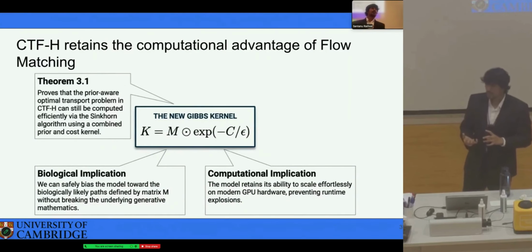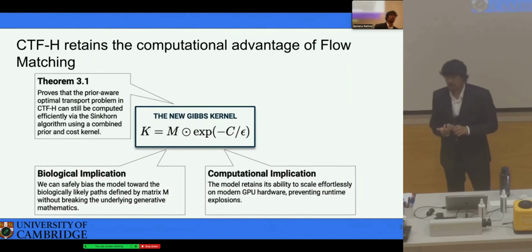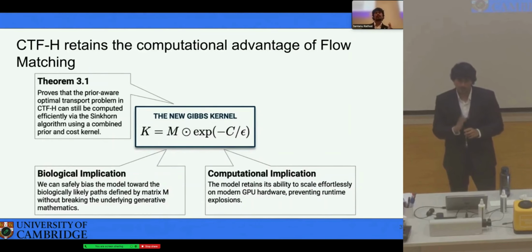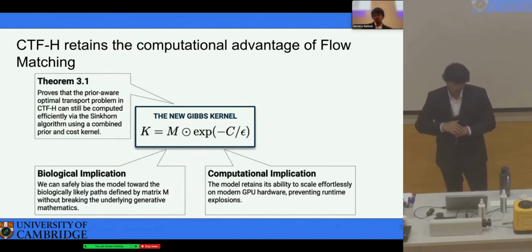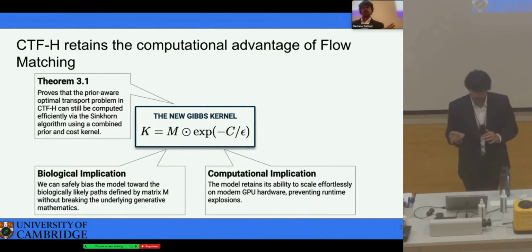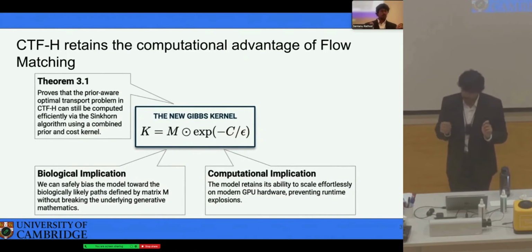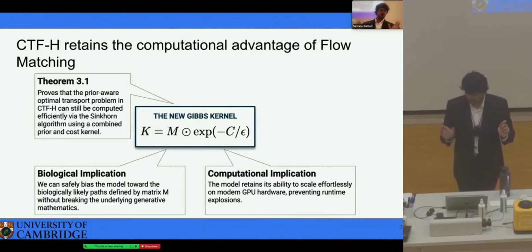And this Gibbs kernel is the entity that's used in Sinkhorn iterations. So all you do in this second formulation is get a new Gibbs kernel that is biased based on the transition plausibility matrix over here. And you can then just use your previous Sinkhorn iteration pipeline to get the OT couplings.